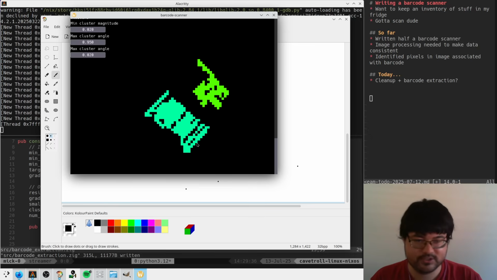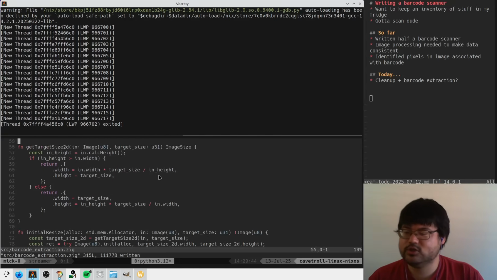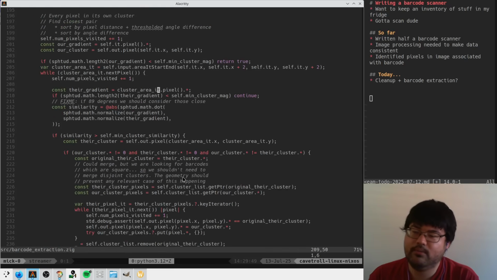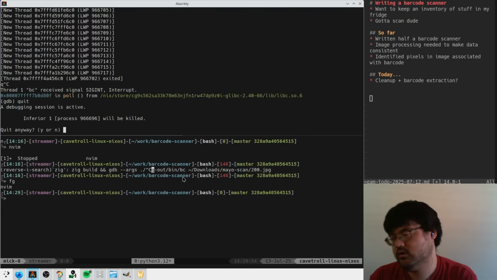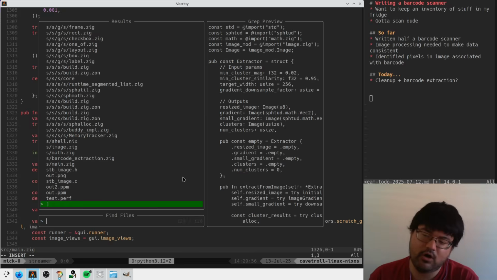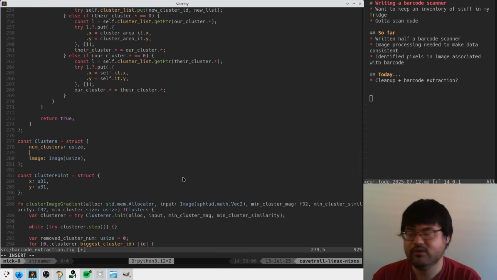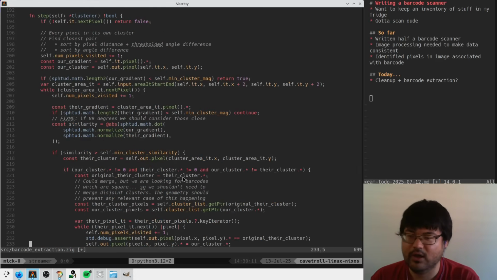Okay. Focus. Let's focus. We gotta find the min-max. So I wonder if we can start by... we need a list of all of the pixels per cluster, right? Right now, the output of the clustering step is an image where each pixel has a cluster ID on it. This just needs to also return whatever internal data structure it was using to build this.